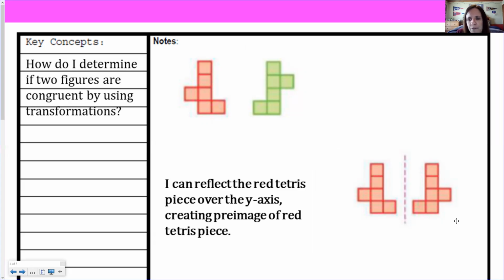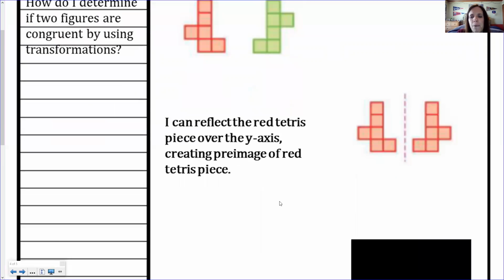But with that reflection, so now I have it facing the same way as the green one, if you look at the two pieces, you're going to notice something. On the red one, on the original, when you go 2 up, that's where you have the extra part come out. But on the green one, if you go 2 up, there's no extra part coming out. It happens at 3 up.